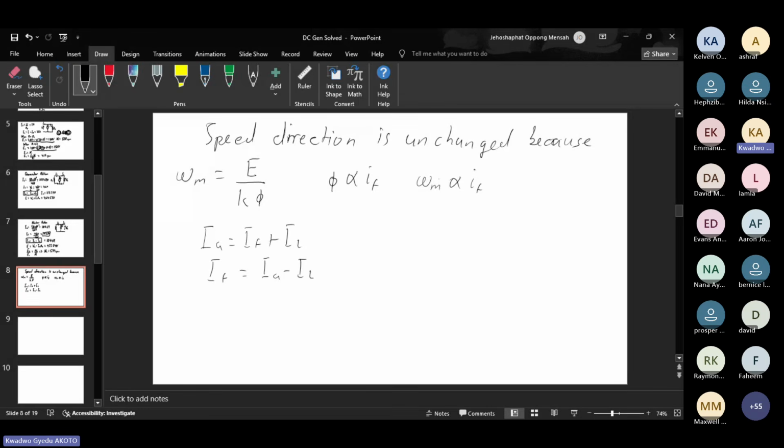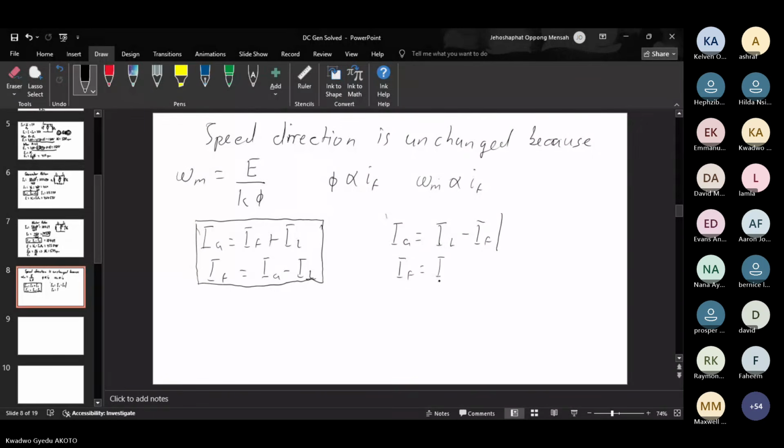And then for a motor, we know IA is equal to IL minus IF, right? So our IF here is now going to be IL minus IA.